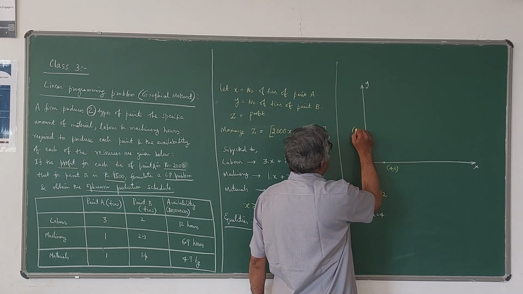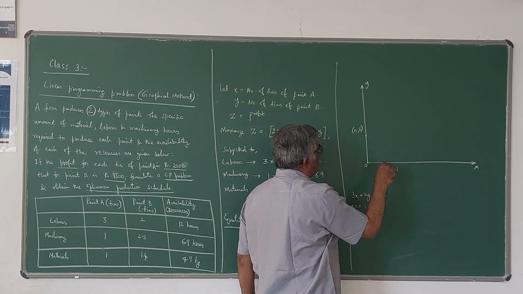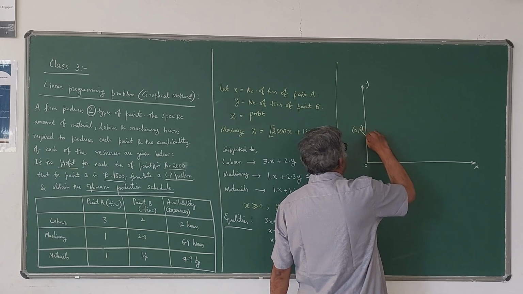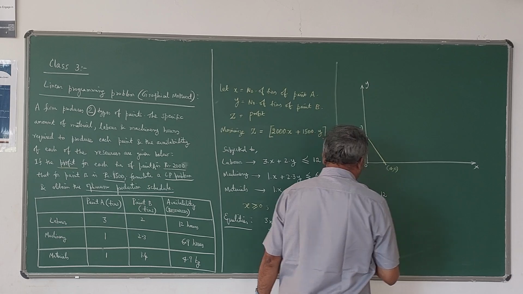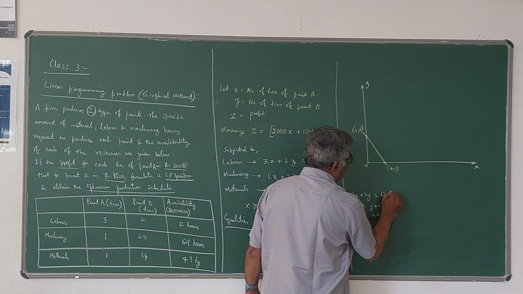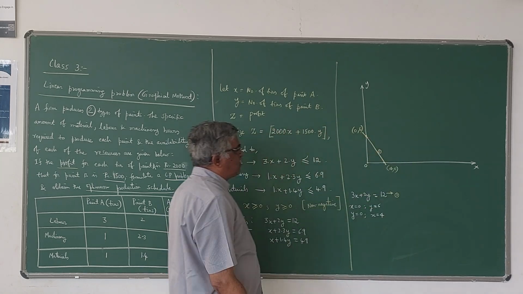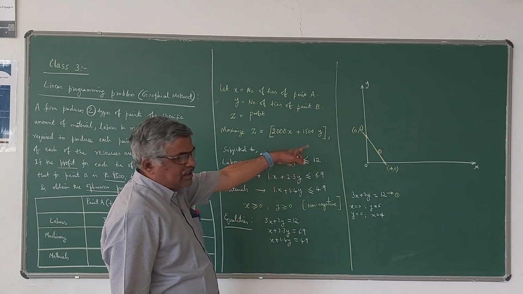If we join these 2 points by a straight line, this is the first equation: 3x plus 2y is equal to 12 is this straight line.